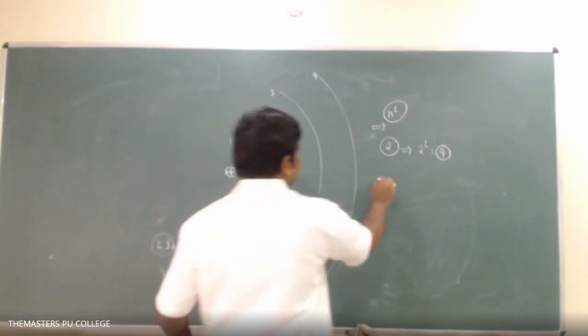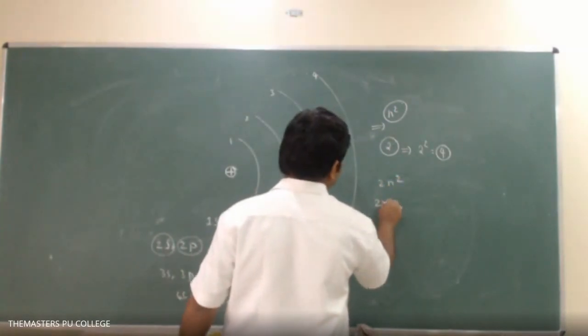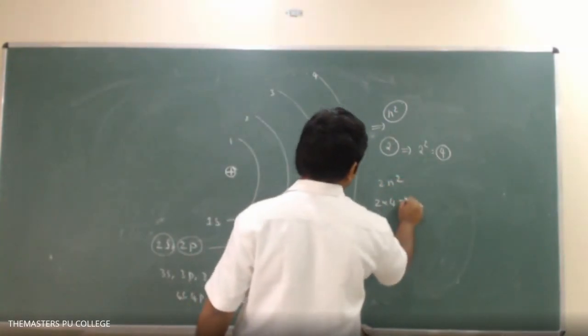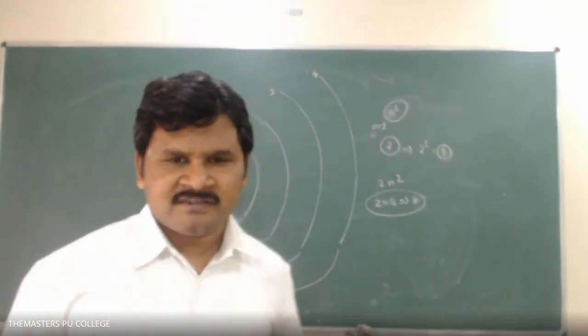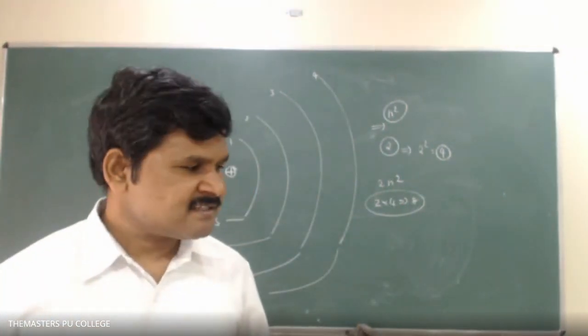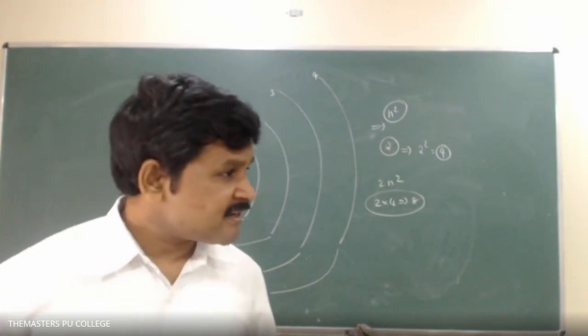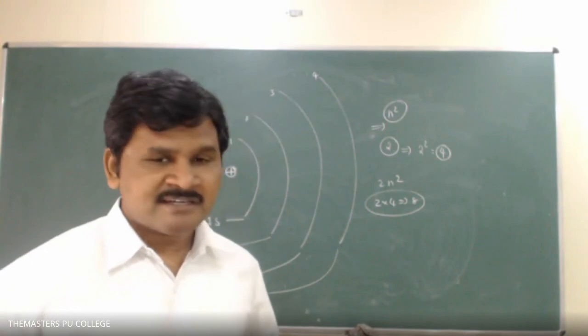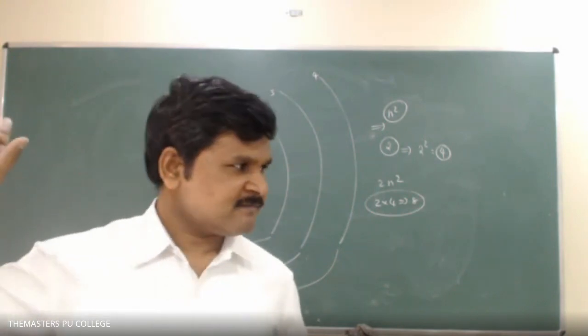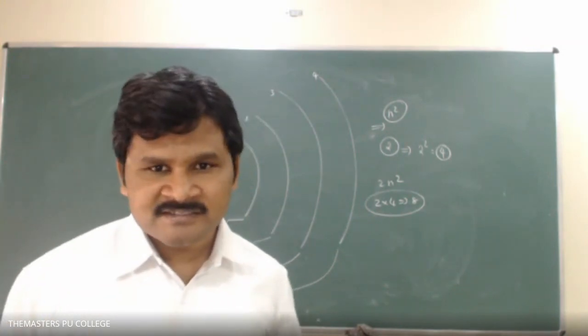So applying 2n square for the second shell, 2 into 4 gives 8. So these 3 formulas are very, very important: number of subshells is n, number of orbitals is n square, number of electrons is 2n square. Tomorrow I will explain all these formulas.